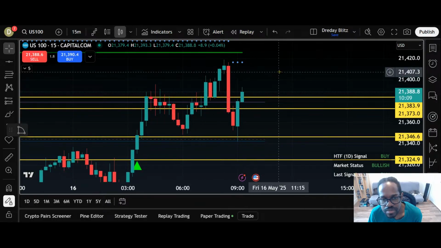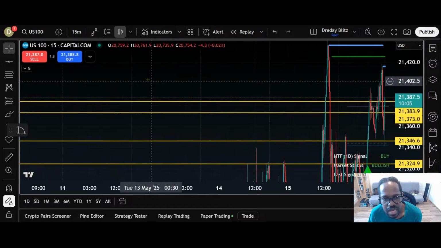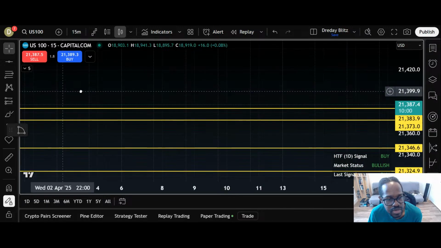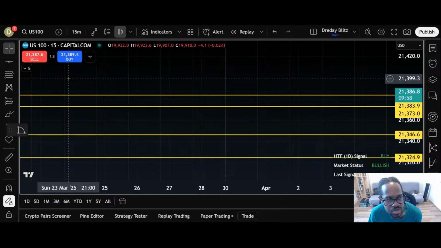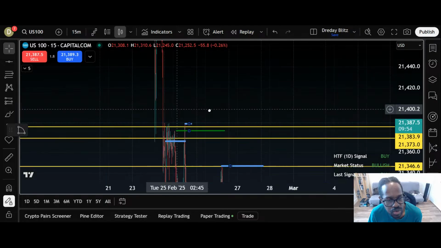And it started to go up. So it went up here, and let's see if we had another level. I always look for like 3 TP levels. So right now, based off of that entry, we only had 2.